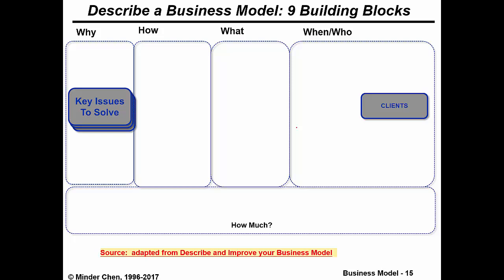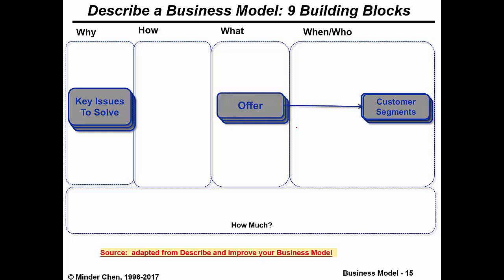And who may have this problem that requires the solution that you try to deliver? That's the customer segment. And the offer. The offer is the solution that you propose that may address the problem that the customer in the customer segment may have.